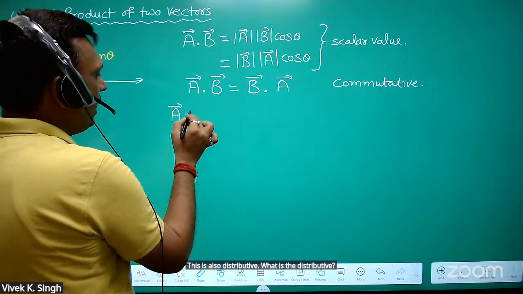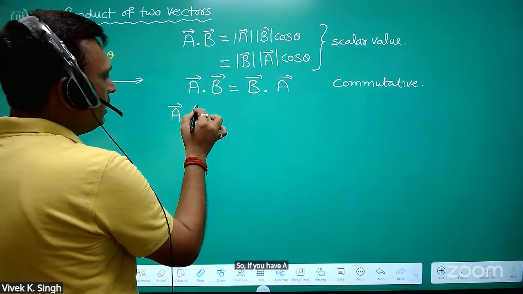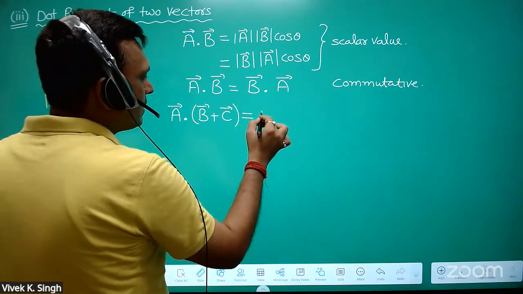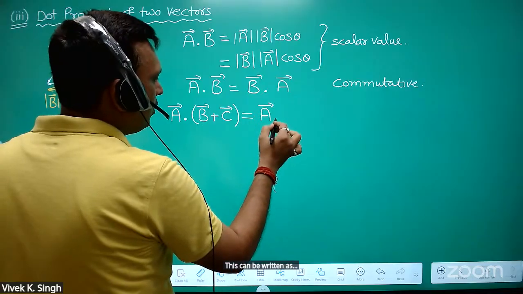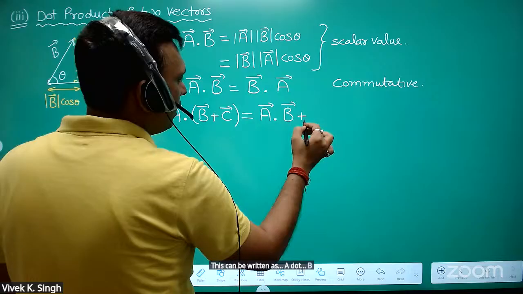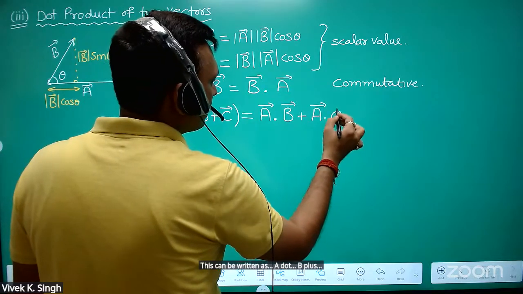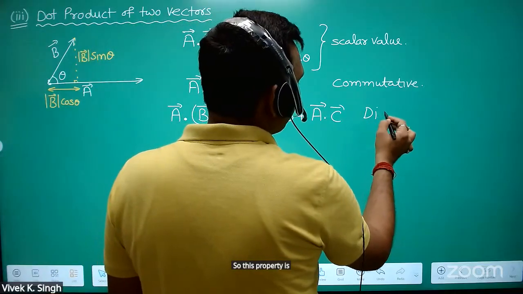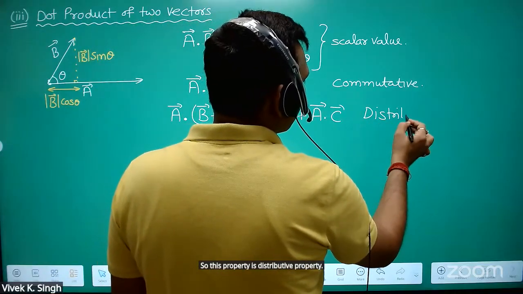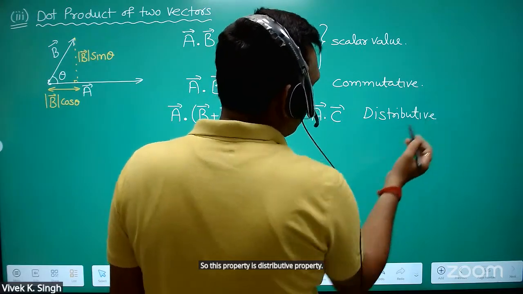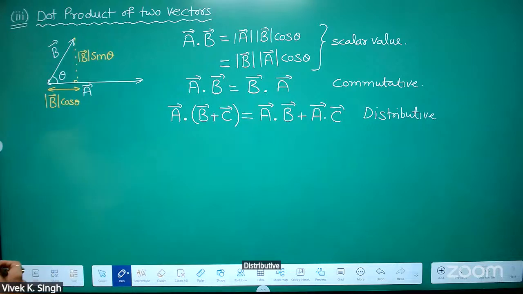If you have A dot (B plus C), this can be written as A dot B plus A dot C. So this property is the distributive property. Clear?